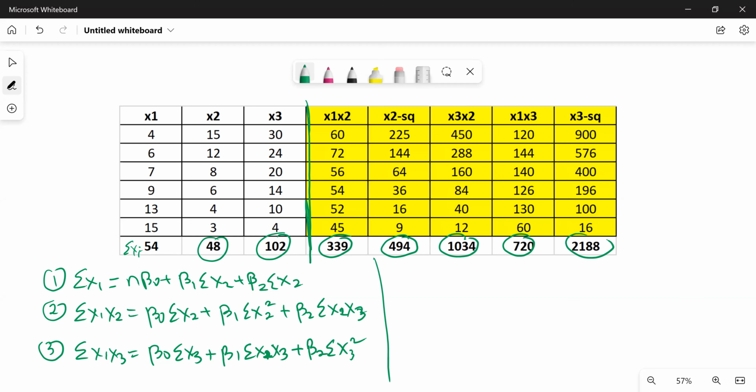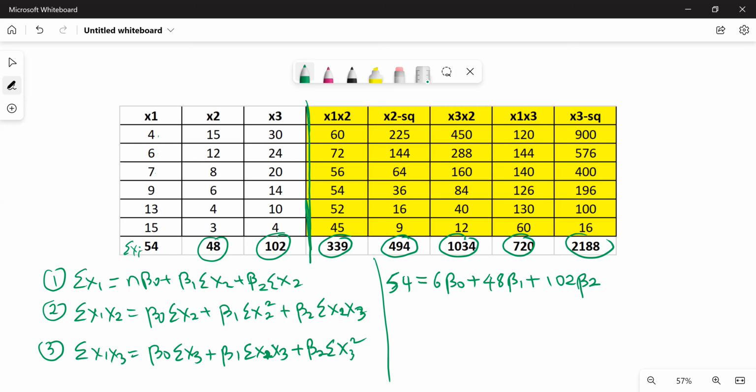So this would be 54 is equal to n, number of observations, 6, beta naught, plus summation of x2 is 48 beta 1, plus 102 beta 2. That's the first normal equation.